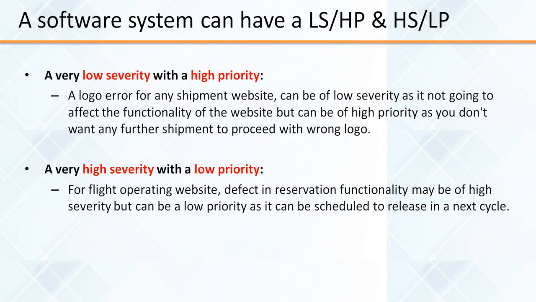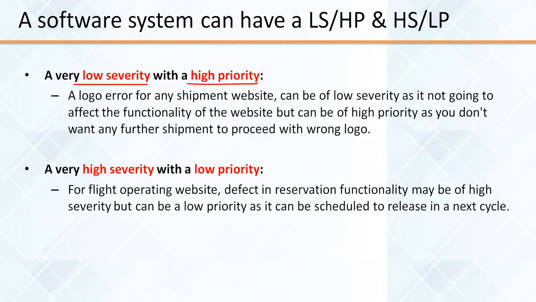The first one is low severity, high priority. People will ask you, can you give me one example of a defect which is low severity and high priority? See this scenario: a logo error for a shipment website. There is a website called a shipment website, and a logo error is there.